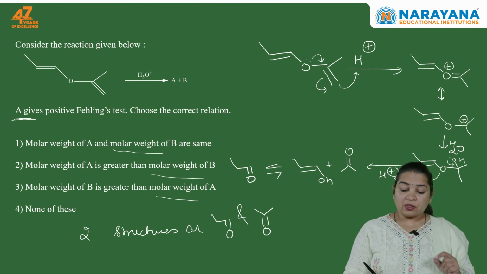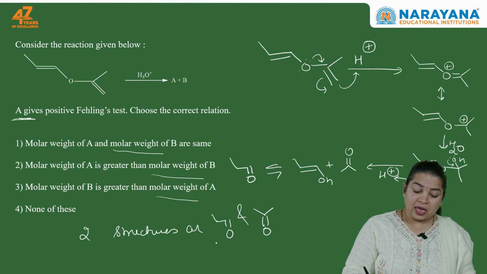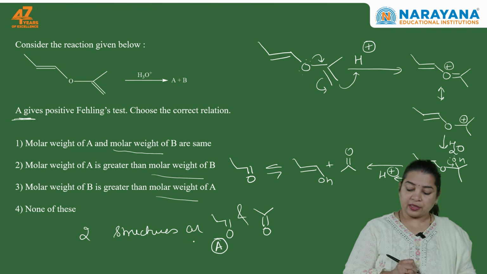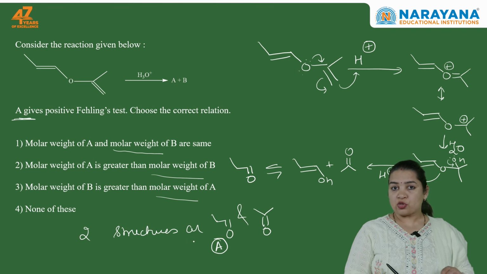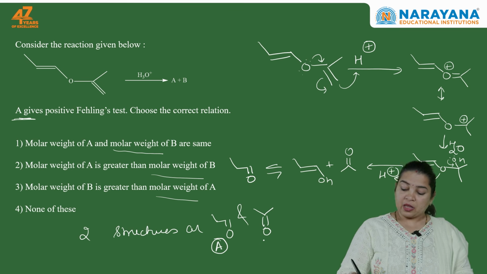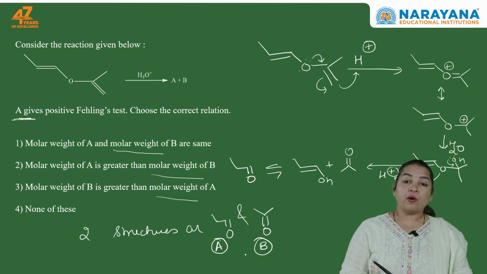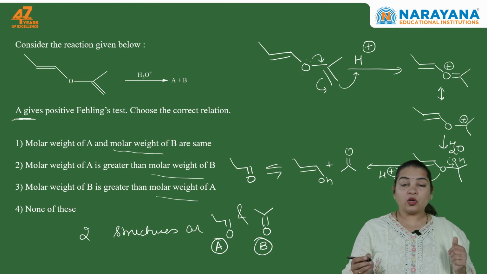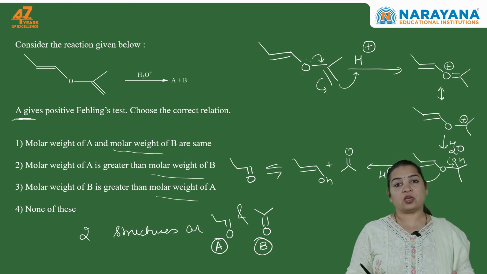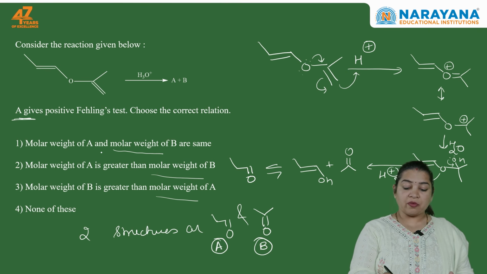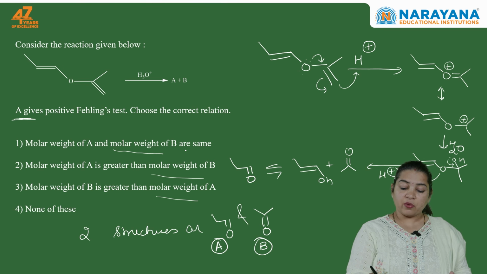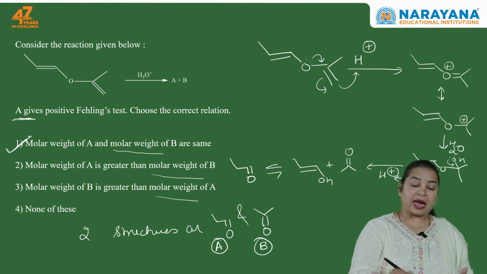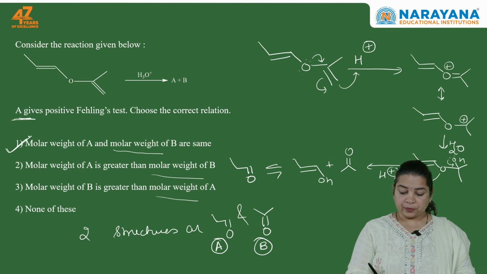So, Fehling is to be given by A, the aldehyde. Propanal should be our A, and B is propanone. Fine. Now, if you see, both of them are isomers of each other, right? So the molecular weight of A and the molecular weight of B are the same, as they are isomeric to each other.